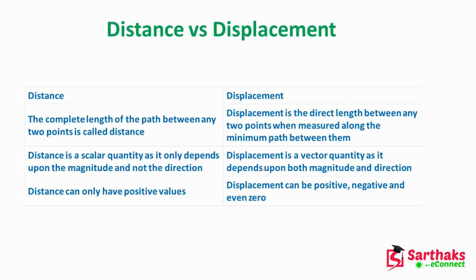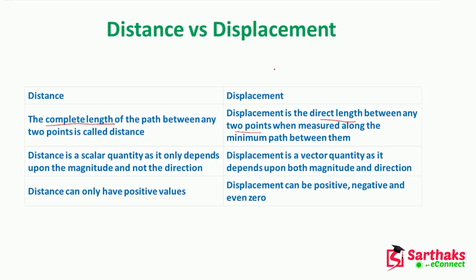So the difference between distance and displacement: if we see the complete length of the path between any 2 points, the complete length of the path between 2 points is called distance. And displacement is the direct length between any 2 points.